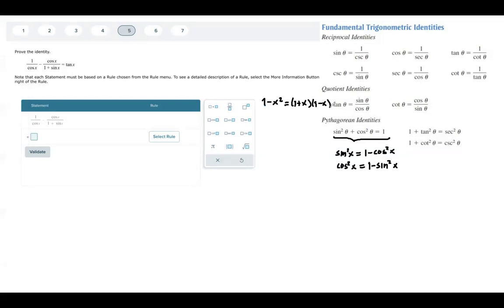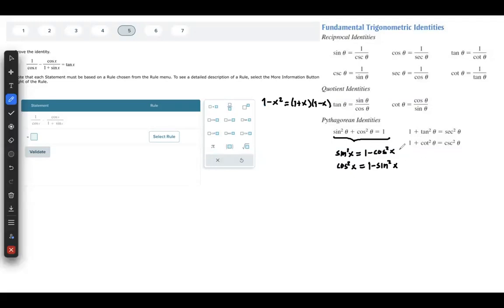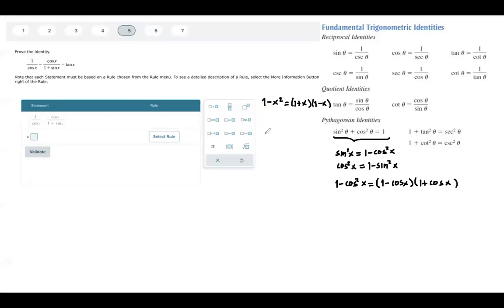So sine squared of x is also 1 minus cosine squared of x. I can factor this as 1 minus cosine of x times 1 plus cosine of x. So always have that in mind.